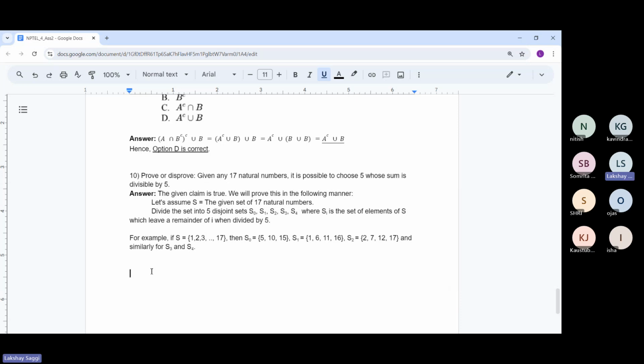So now what do we do? After doing this, we'll do it case by case. So suppose this set S naught has a... okay.